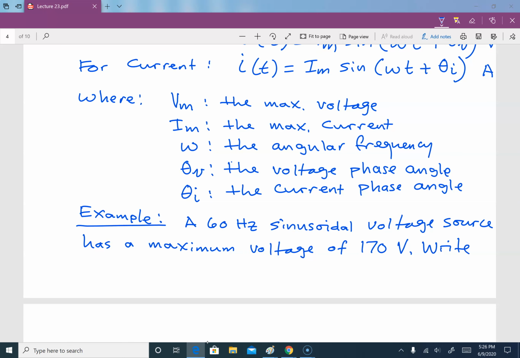Write the equation for the voltage in time domain.